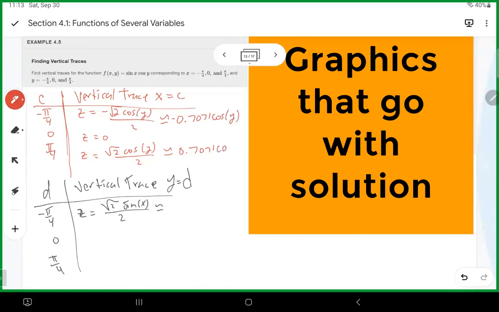Cosine y, cosine y. All right, so that would approximate this to 0.7071 sine x. Y equals 0, right? Oh, sorry.